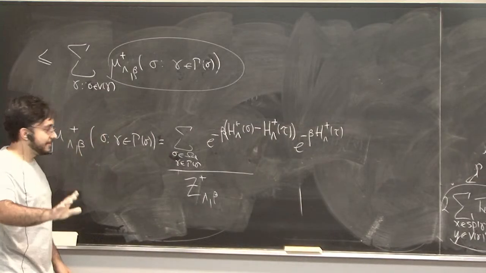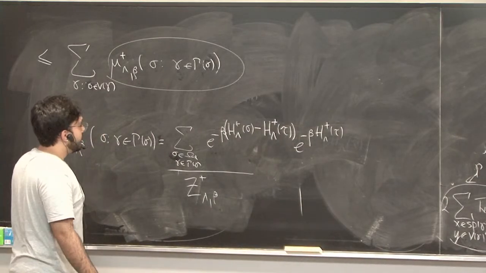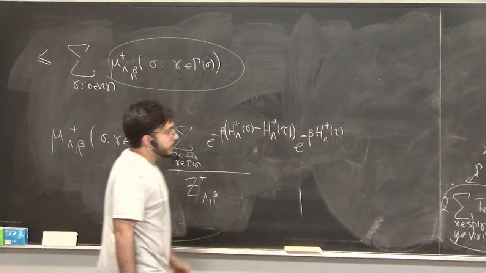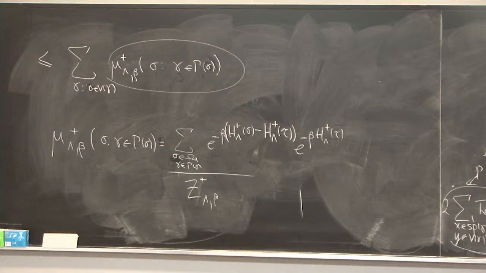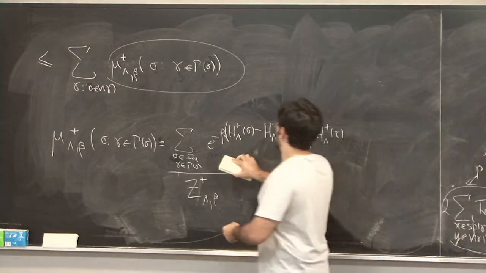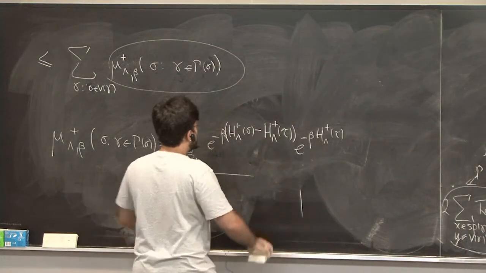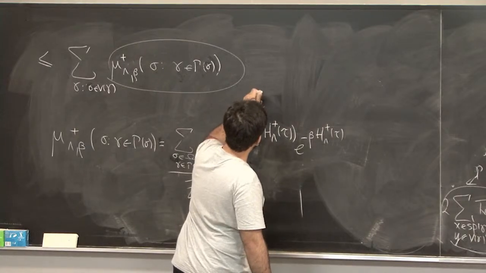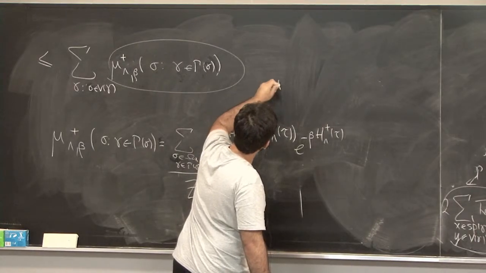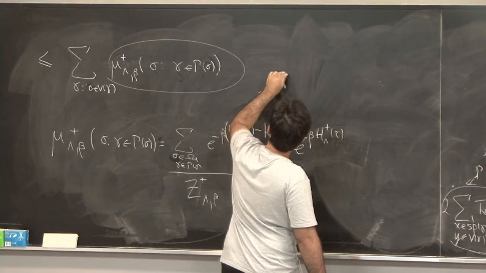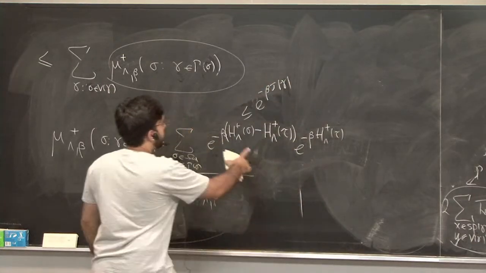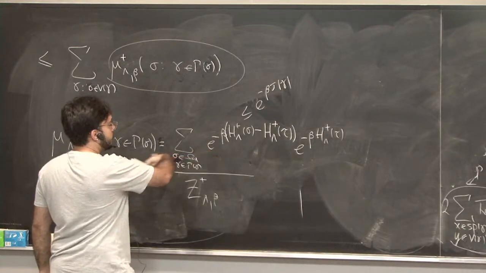Since I have this lower bound, and I have a minus beta here, this will give me an upper bound. Beta J gamma. But now this doesn't depend on the configuration, so it goes outside.